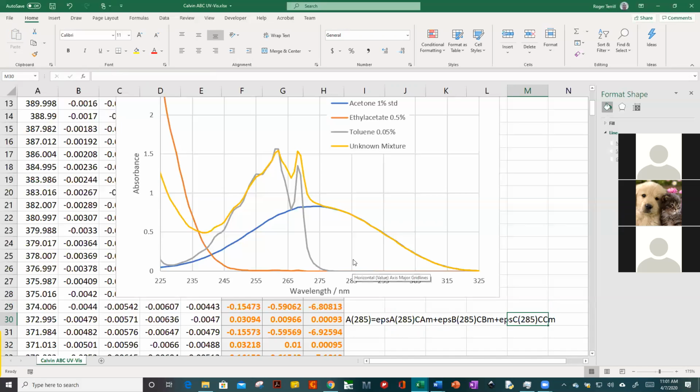But what I'm going to offer here is that epsilon B is 0, and epsilon C is 0 at 285 nanometers.